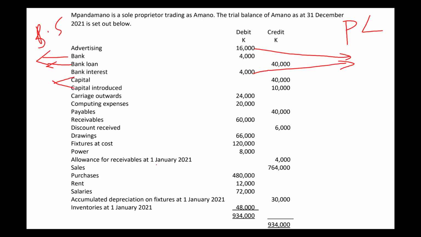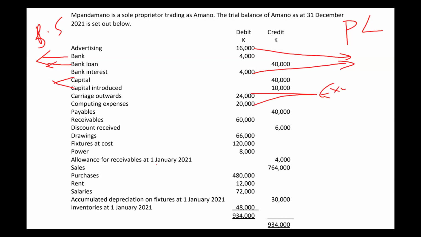What section is that? Under expenses, right?